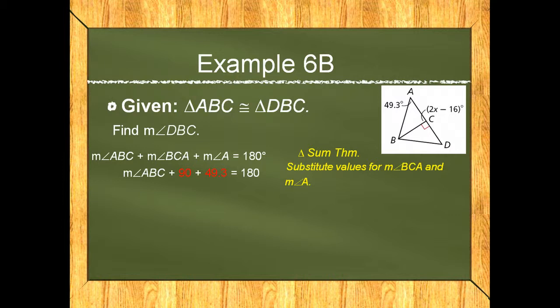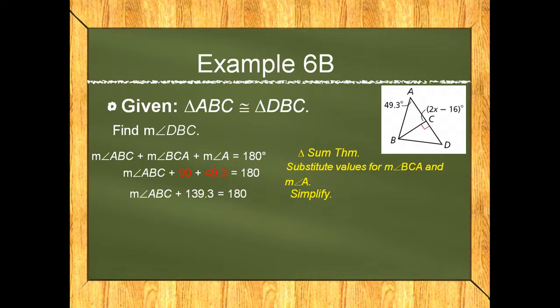The measure of ABC plus 90 plus 49.3 equals 180. All we've done here is substitute the values for the measure of angle BCA and the measure of angle A. That means that the measure of ABC plus 139.3 is 180 degrees by simplification.